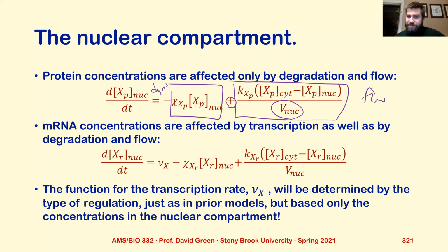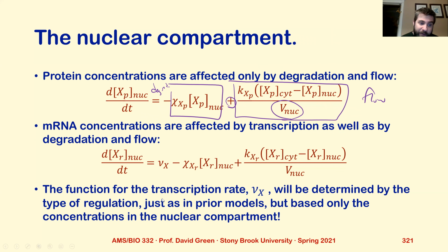So when cytoplasmic concentration is higher, this is positive, meaning a positive rate of change in the nuclear concentration, which is what we want. This is simply the negative of the flow term from the cytoplasmic side, but with a different volume. Okay.